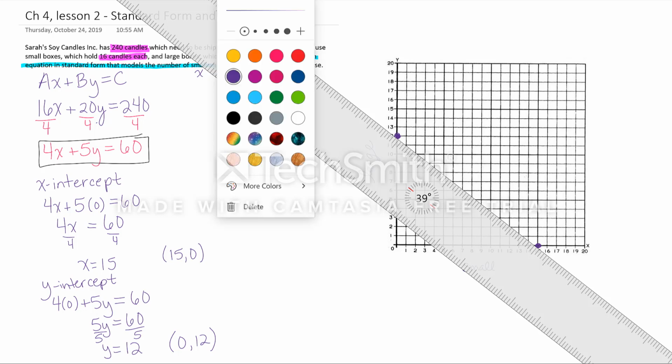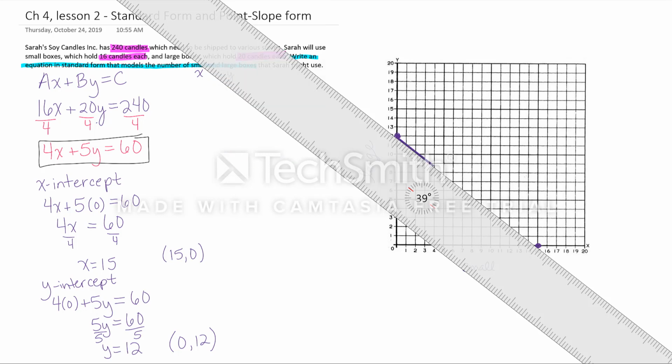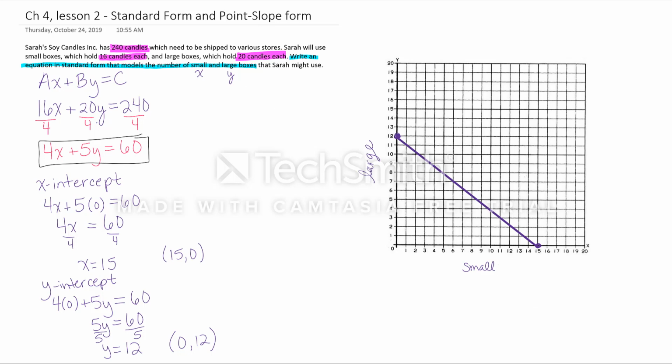Go a little bit bolder so you can see it. There we go. Okay, so then any point on that line could represent a combination of small and large boxes that we could use. So for example, it looks like we could use 7 small boxes and 6 large boxes.